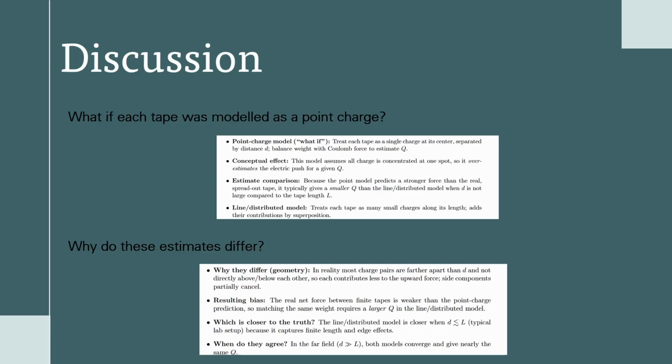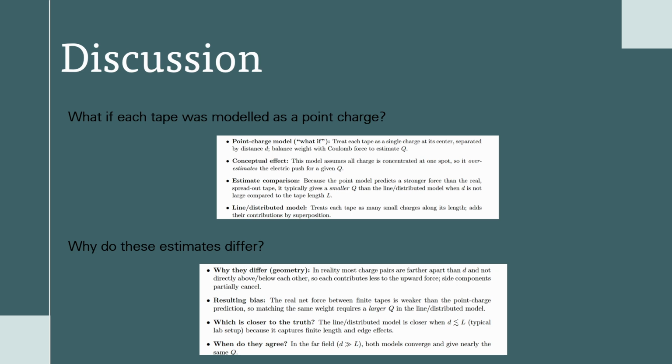If each tape was modeled as a point charge, the model would assume that all charge is concentrated on one spot, so it would overestimate the electric push for a given Q. Because of this, the model would predict a stronger force than the real spread out tape, so it would predict a smaller Q value than what it actually was. The line or distributed model treats each tape as multiple small charges along its length and adds their contributions by superposition.